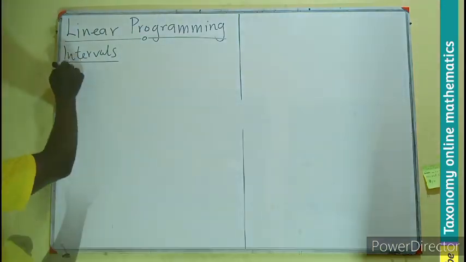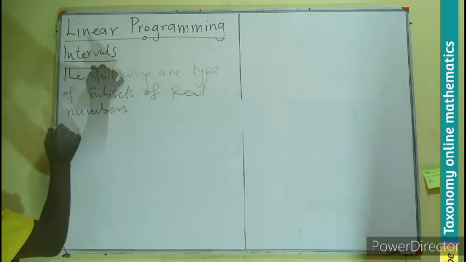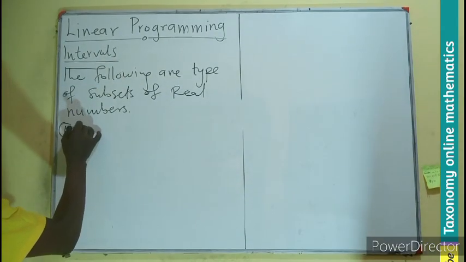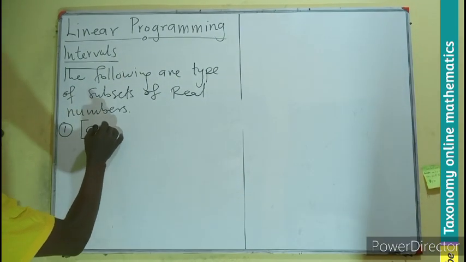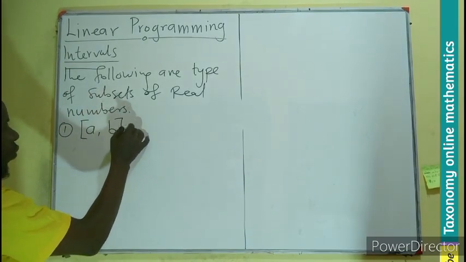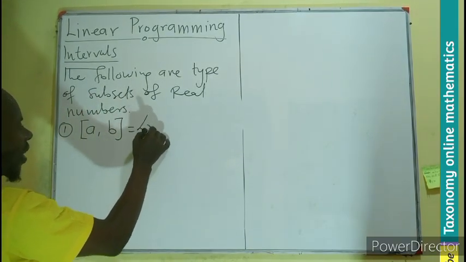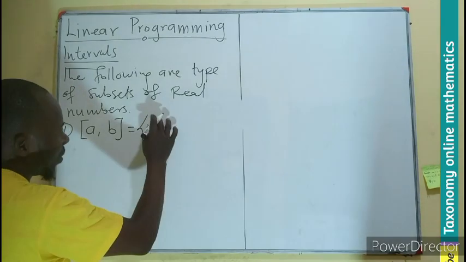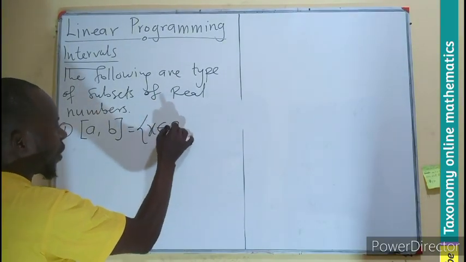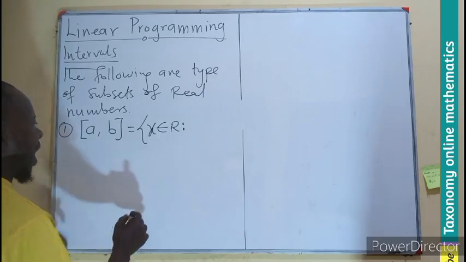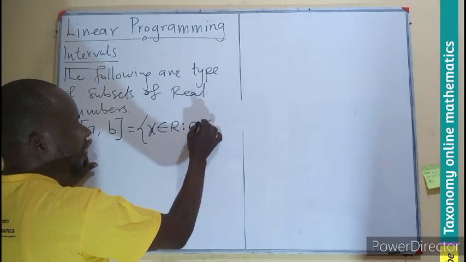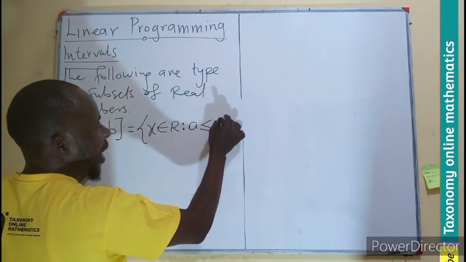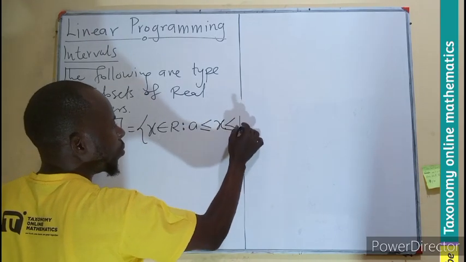The first one we are going to deal with will be A to B, which is given as the set of x such that x belongs to the real numbers such that A is less than or equal to x, less than or equal to B.